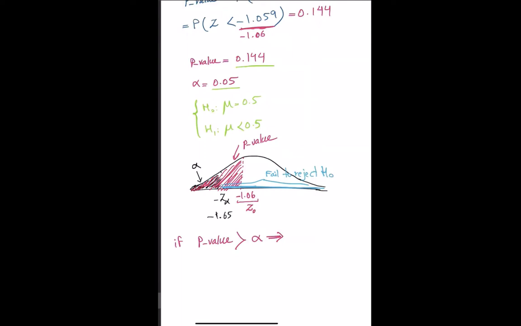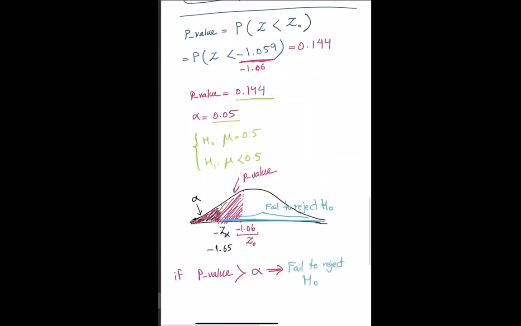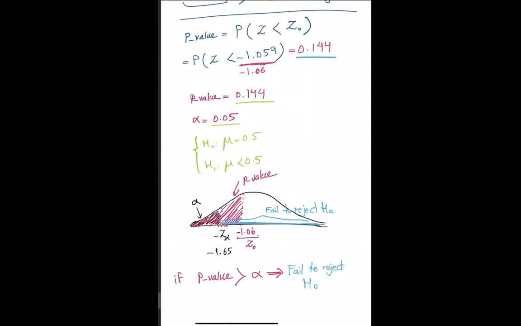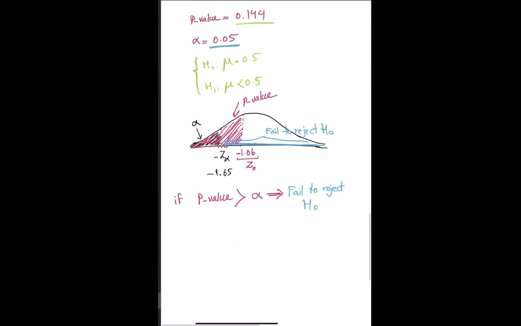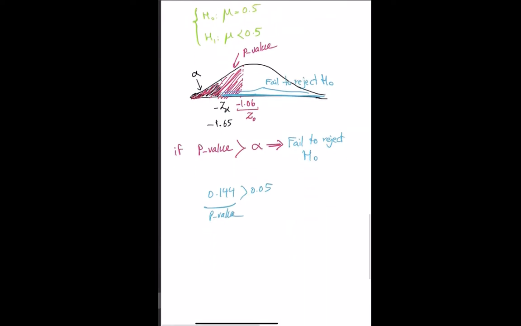So if the p-value is greater than alpha, you always fail to reject H null. And that's the case here. The p-value is 0.14, the alpha is 0.05. So since 0.144 is greater than 0.05, the p-value is greater than alpha, so we are going to fail to reject H null.